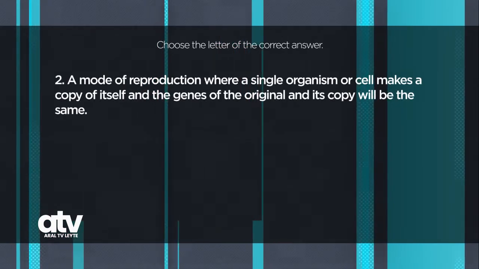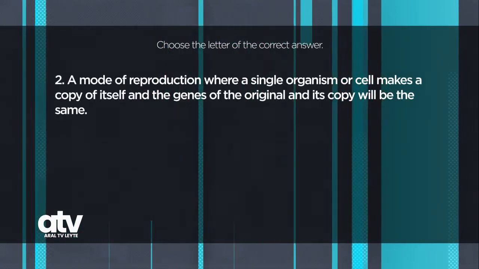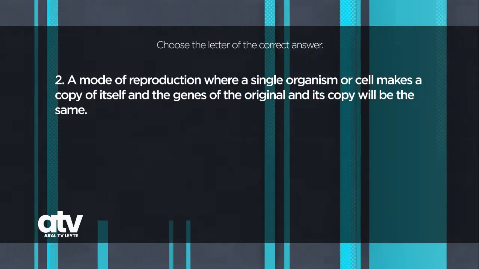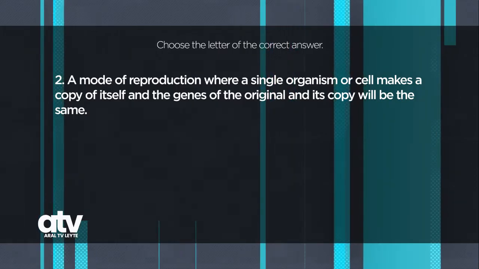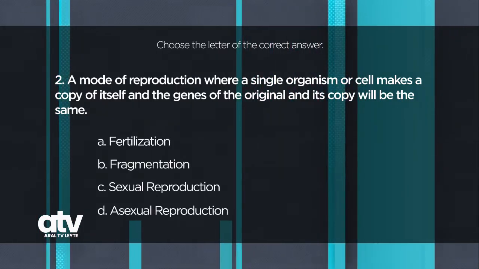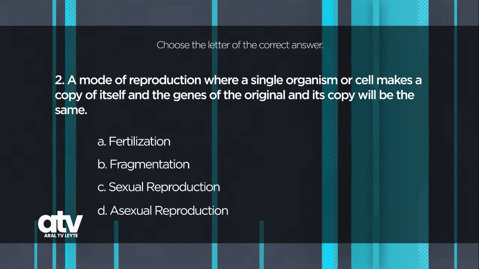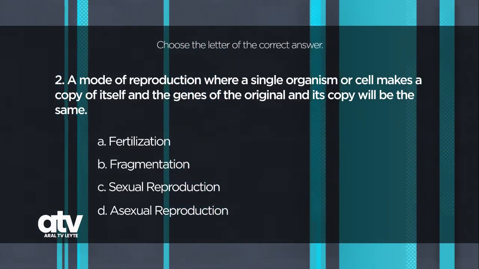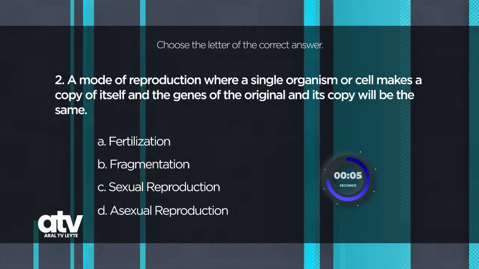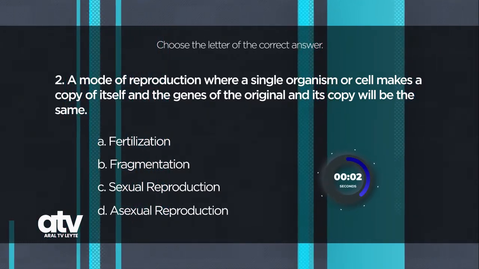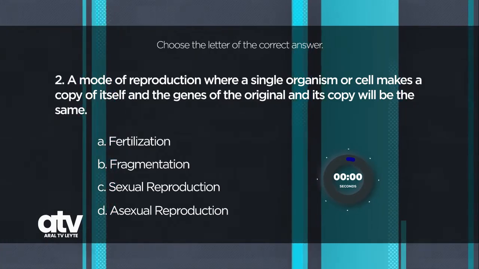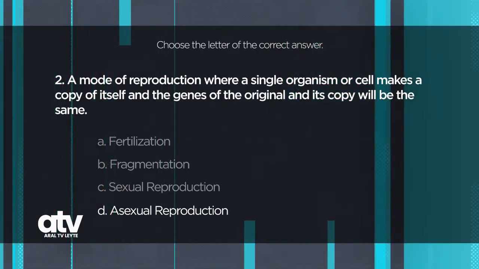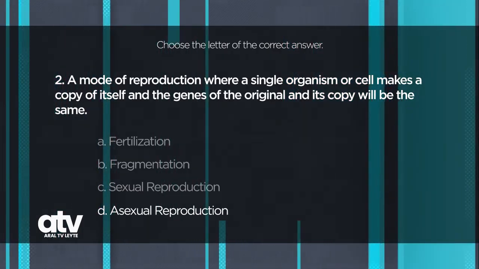Number 2. A mode of reproduction where a single organism or cell makes a copy of itself and the genes of the original and its copy will be the same. A. Fertilization. B. Fragmentation. C. Sexual reproduction. D. Asexual reproduction. The correct answer is letter D, asexual reproduction.